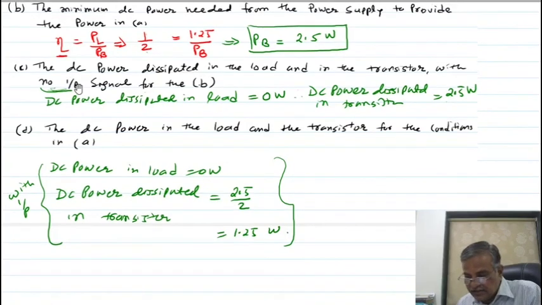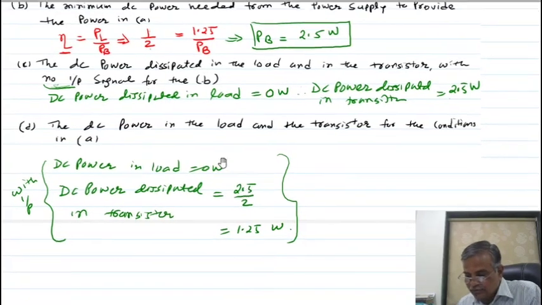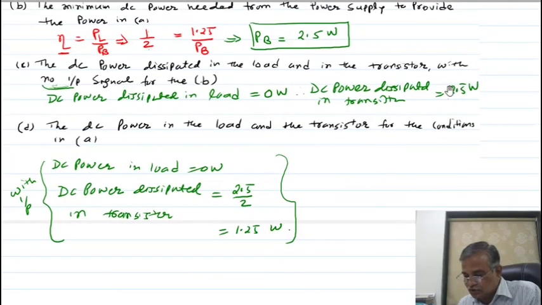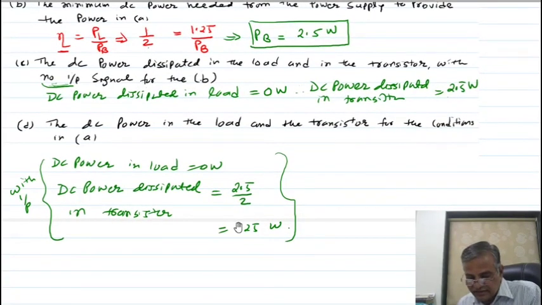When input is applied, this remains 0, but half of this power will be converted into AC, so the remaining half will be dissipated as DC power. I think you understand both the numericals.